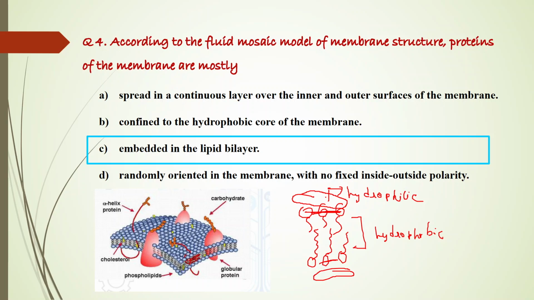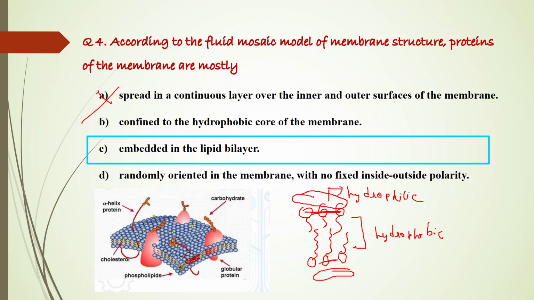Now if the proteins are just laying on the surface and are not forming a connection through this bilipid layer, then no transport will occur ultimately. So we will have no advantage. So the first option is absolutely wrong.